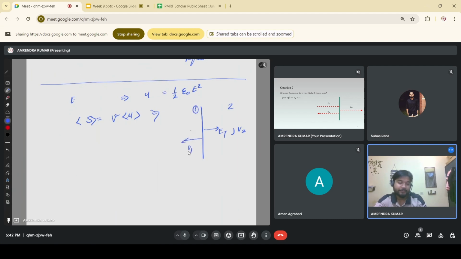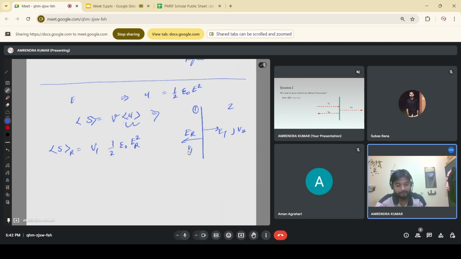So like this, you can have E1, okay, this is E1, so it's E reflected. So you can calculate this S reflected for the reflected wave. You have this V1 and then the density that we have, epsilon naught. This is because of the vacuum, so you can write epsilon naught E reflected square, and the velocity here is vacuum.